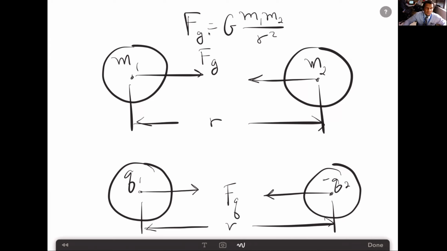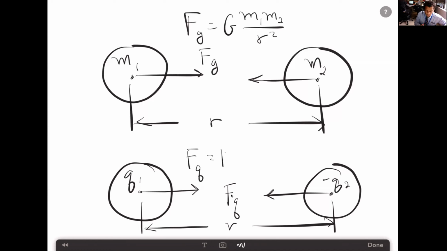Look up here. We have F sub G equal to capital G, our universal gravitational constant, times the two properties under consideration, which is mass. Mass gives rise to gravity, divided by the distance between their centers squared. Now look at the force due to charge. We're going to need a proportionality constant in between.